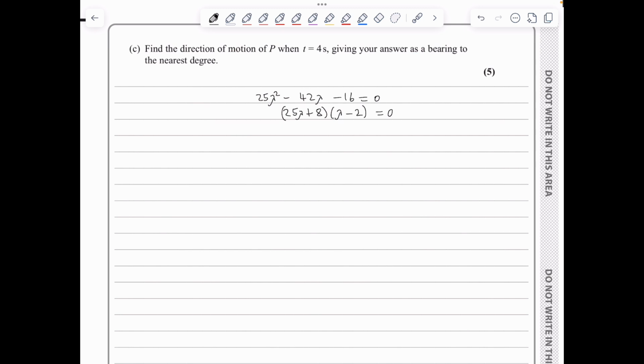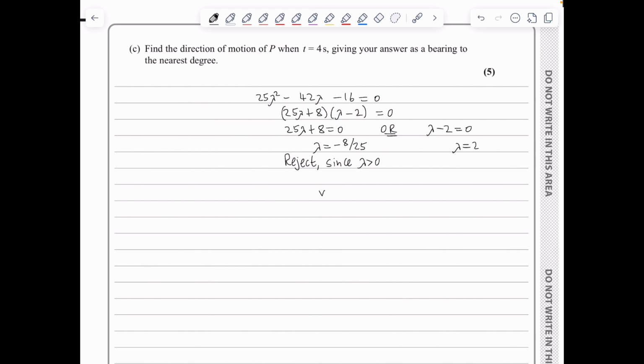So we get 25λ + 8 = 0, or λ − 2 = 0. Now we get λ is −8/25. I will reject this, it's not valid since lambda has been given to be positive, and we end up with λ = 2.